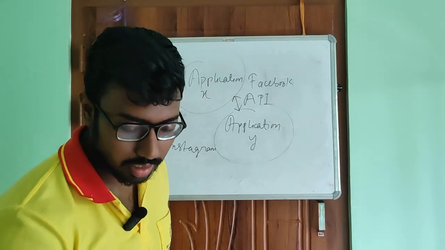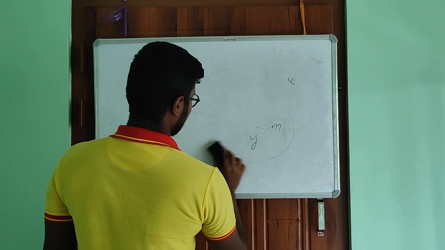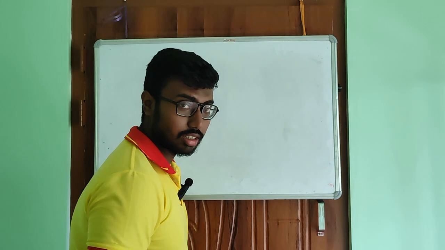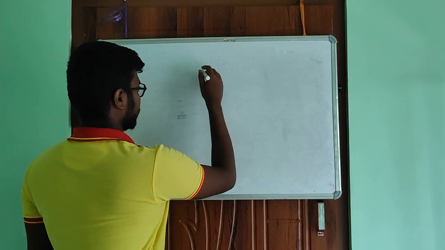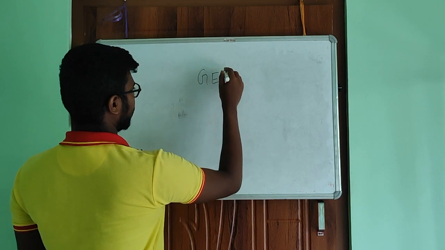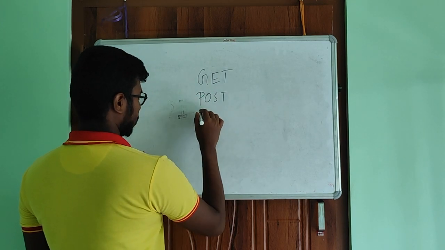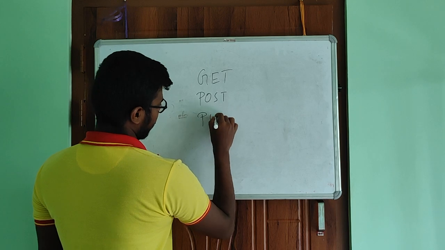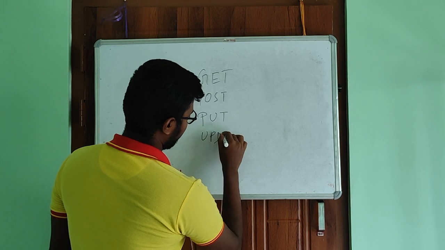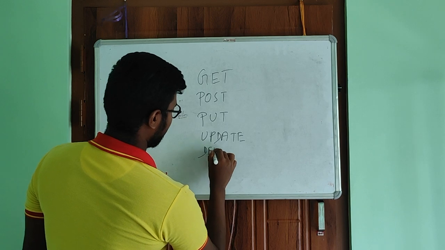Now let's talk about some more important concept. For example, there are different methods in API. For example, get, post, put, update, delete.